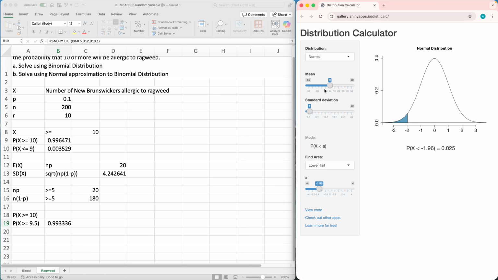Let's see if I can approximately show it using the normal. The expected value is 20 and the standard deviation is 4.24. I do not know if it will allow me, so let's keep it at 4.2, and I'm looking at the upper tail for the value 9.5.